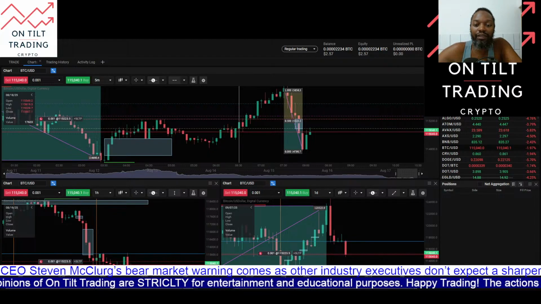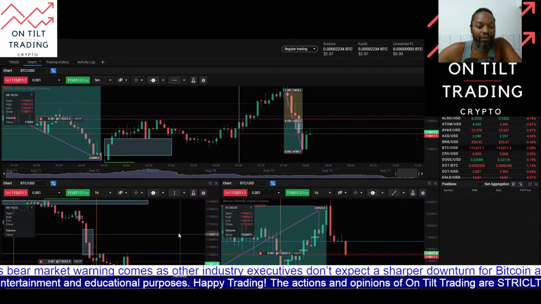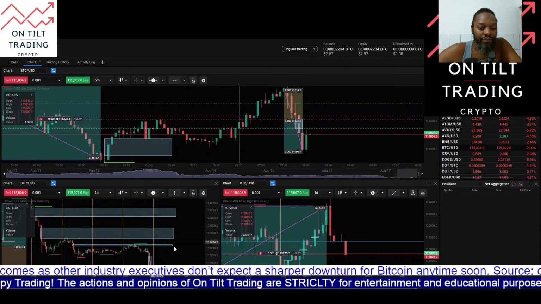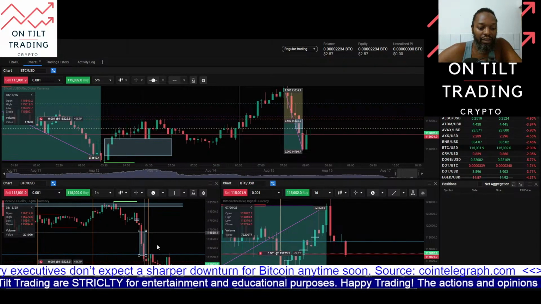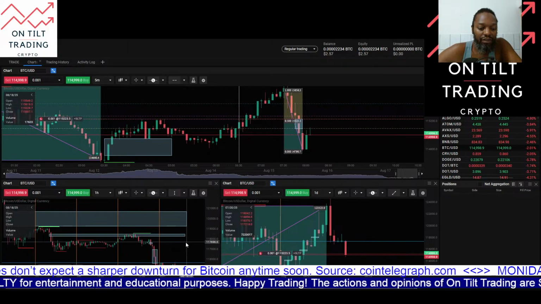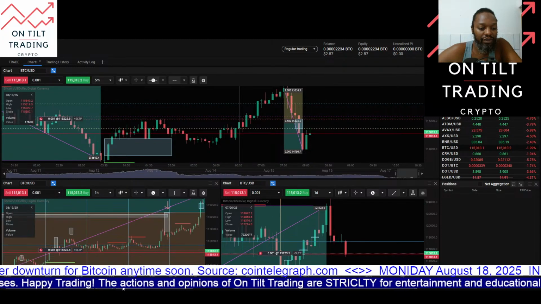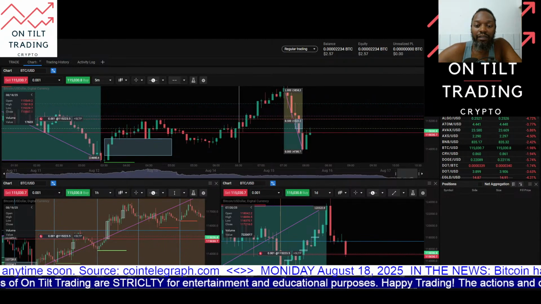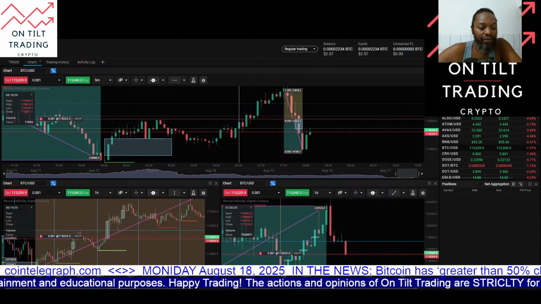Here on the 60-minute chart, you can see from yesterday over the weekend, price has been delivered to the sell side, and if we come over and look at price, you can see price is right here in this area.